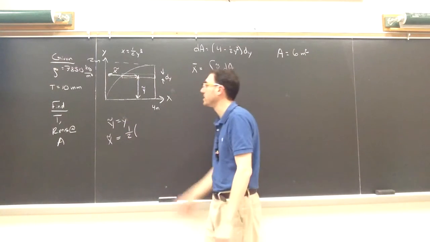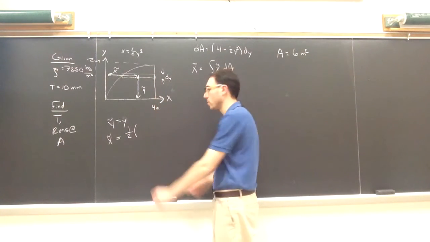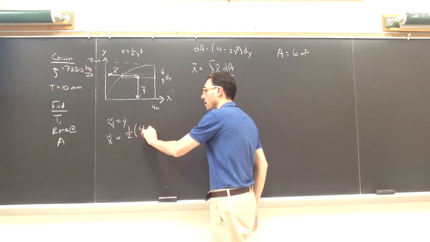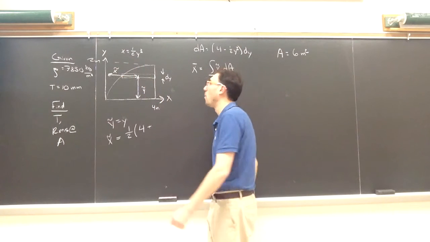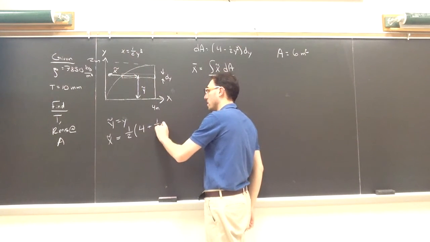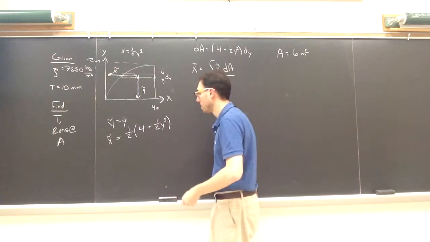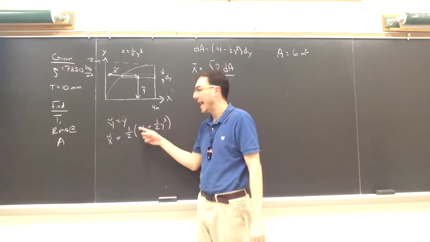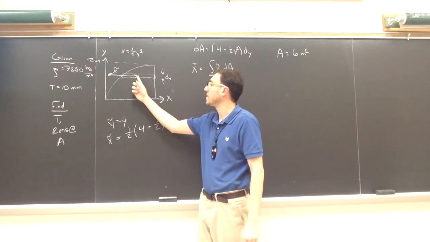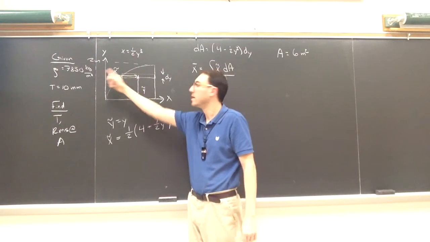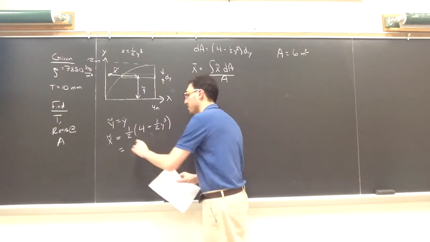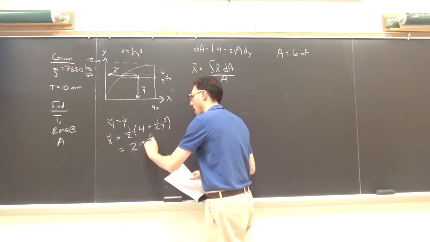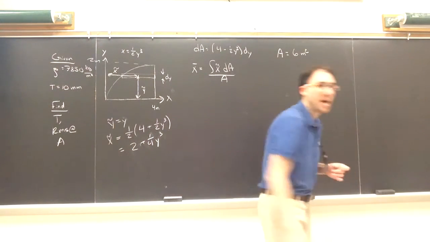So the other day we said that the right side was always at x equals 4, and the left side of every one of these rectangles was at 1/2 y cubed. So in this case, we're taking the average of those two values, and that tells us the distance between the centroid and the y-axis, which is what we call x tilde. I have to distribute that: 2 plus 1/4 y cubed. So that's our x tilde. We have our y tilde.